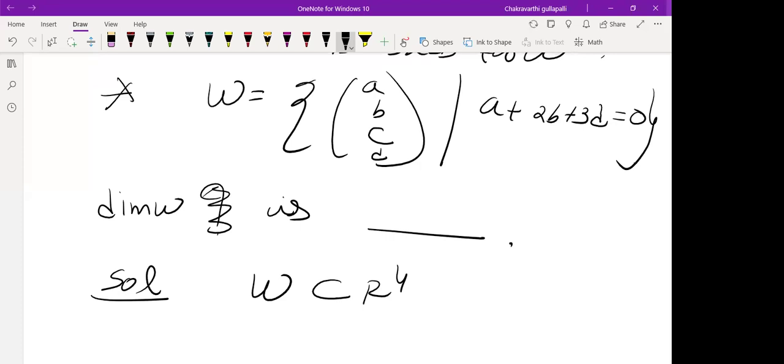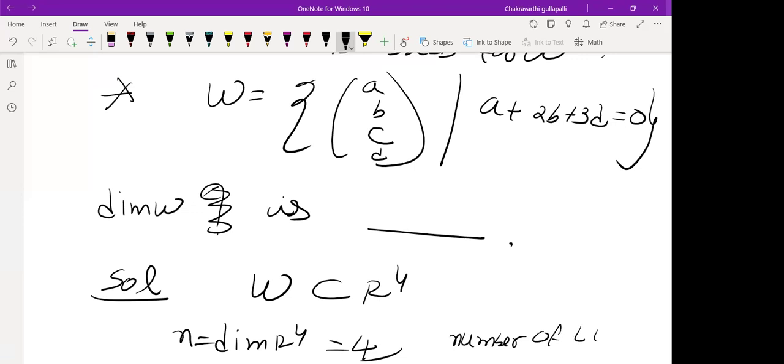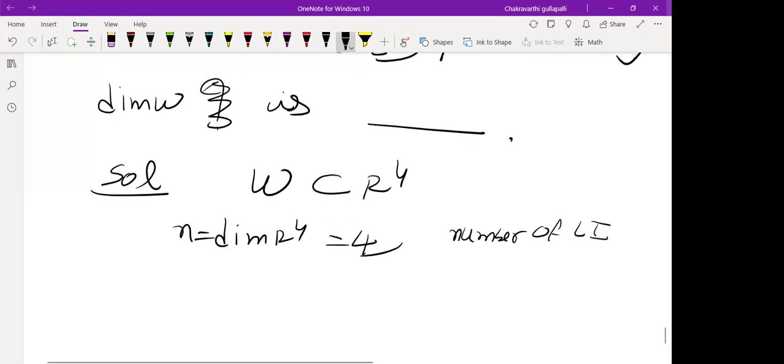4 variables. What is the dimension of R4 space? Dimension of R4 is 4. How many conditions are given? The number of independent restrictions, which is very important.